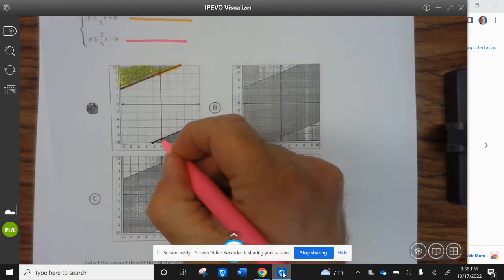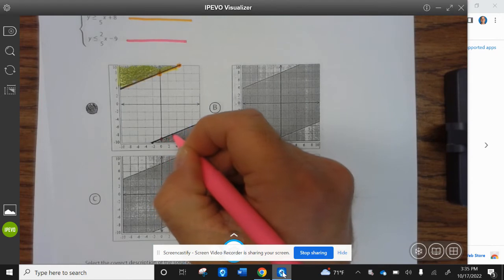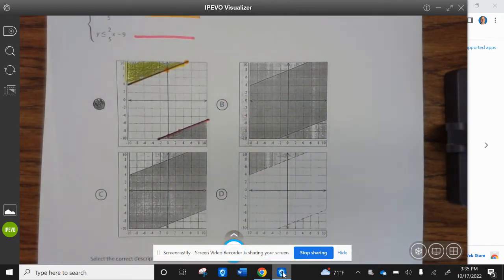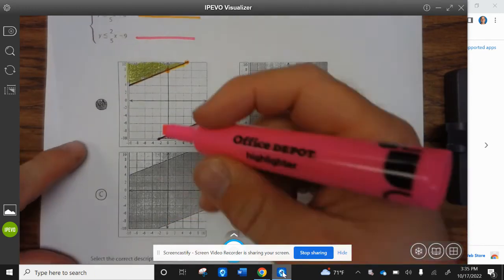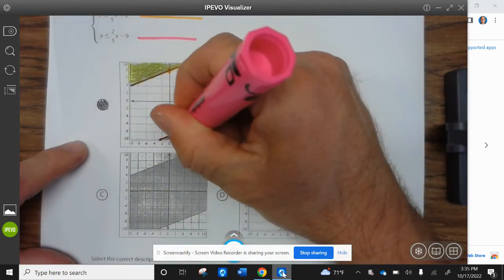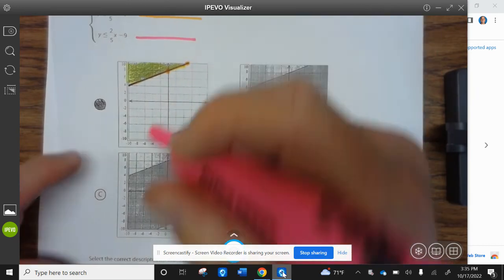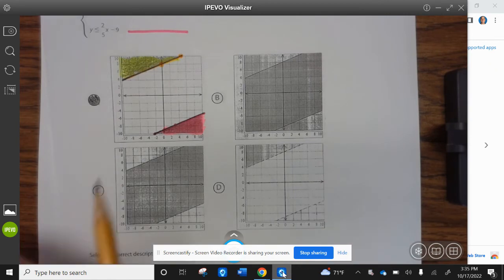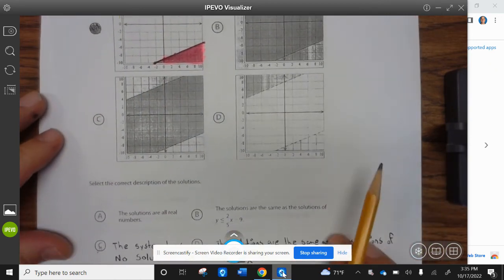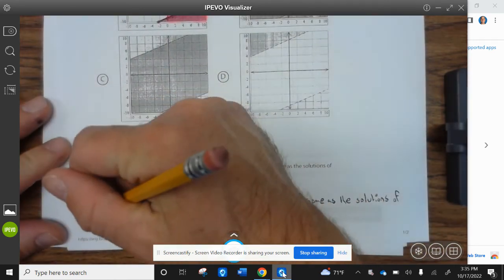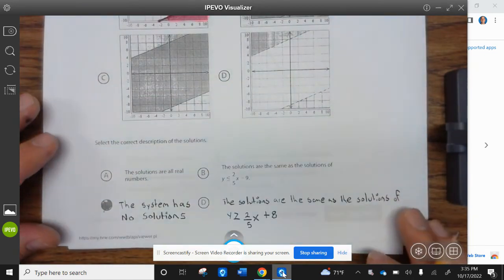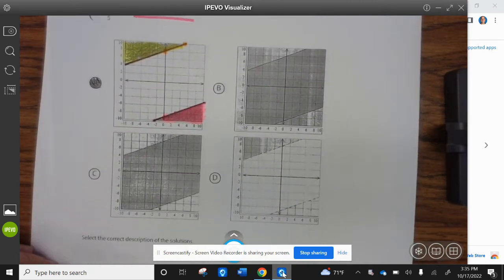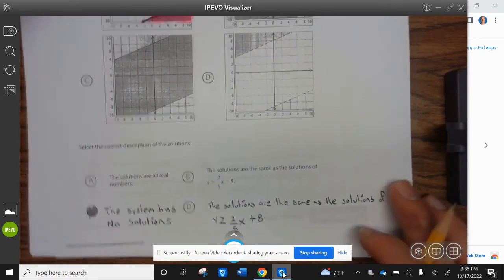We're at negative 9, and we go up 2, to the right 5. Okay, it's less than, so we shade below. All right, now you see that they do not overlap, so we say this system has no solutions.